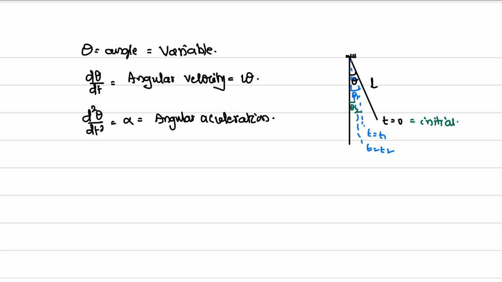Like dx by dt is equal to linear velocity v, d square x by dt square is equal to linear acceleration a. This is velocity, this is acceleration, not capital V. Capital V is potential in mechanics. In electricity and magnetism, capital V will be volt.